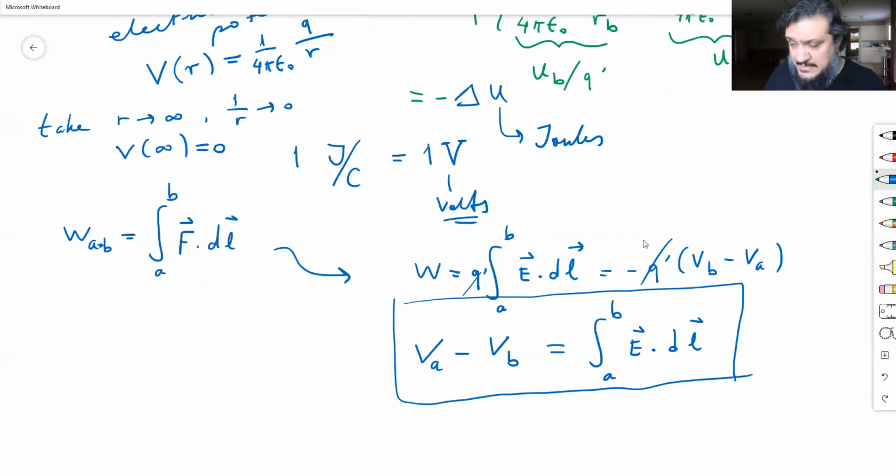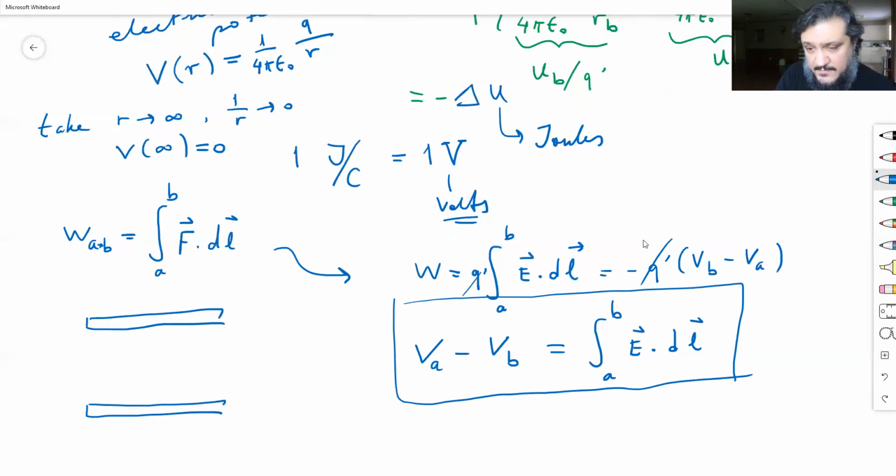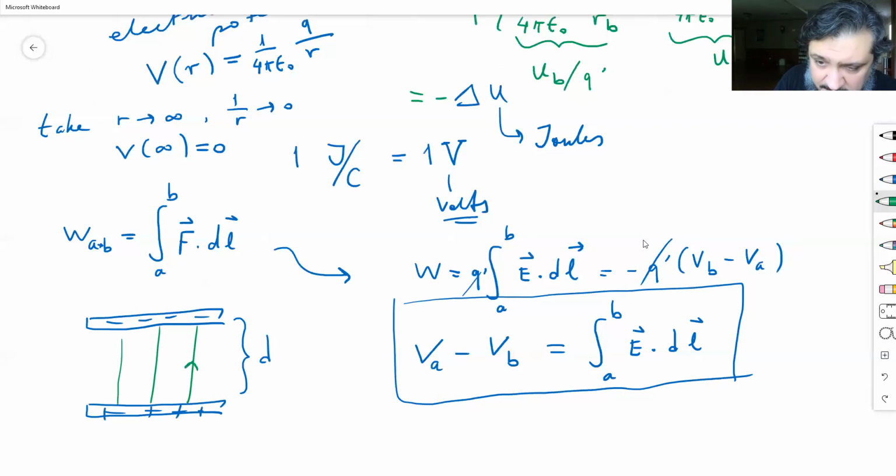All right. So for instance, if you go back to the parallel plates that we considered half an hour ago, right? Two plates with positive and negative charges, which were separated by a distance d. Now for this setting, the electric field was uniform, a constant electric field.